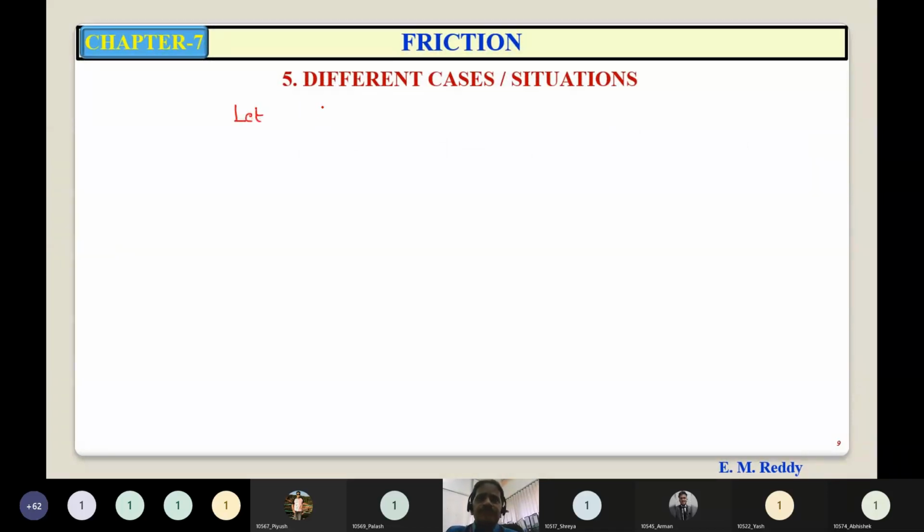Let F be the force required to maintain equilibrium of the body, and Fl is the limiting or maximum friction.